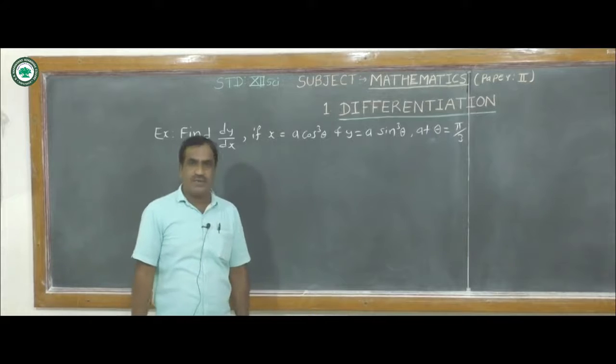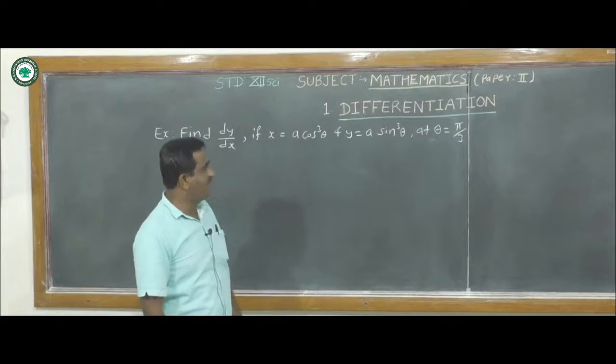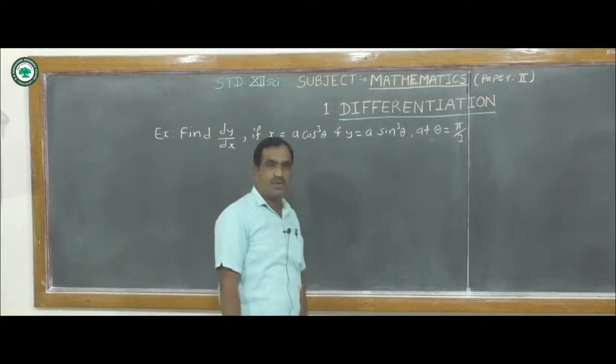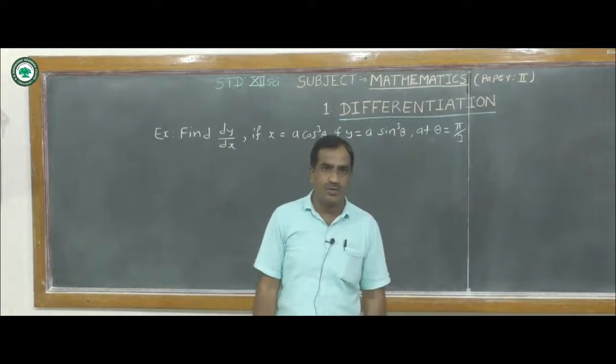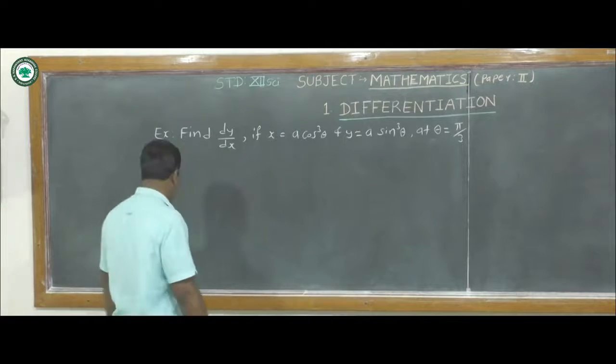That is, first we have to find the value of dy by dx, and then we have to find the value of dy by dx at theta is equal to pi by 3. Now we see the answer for this example.